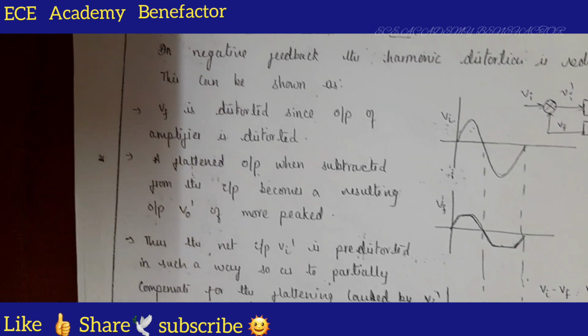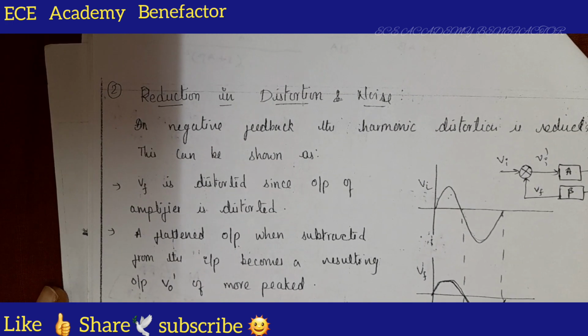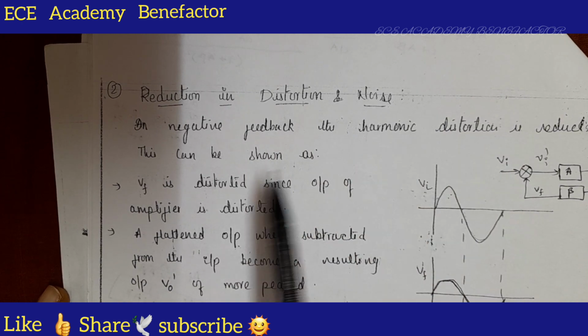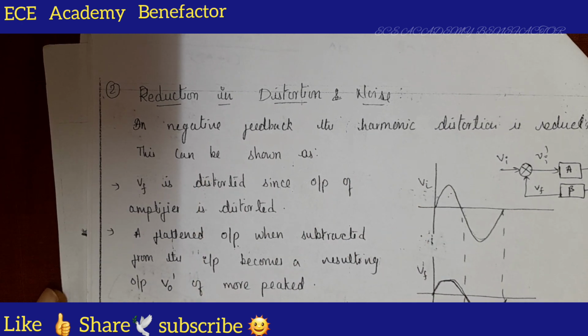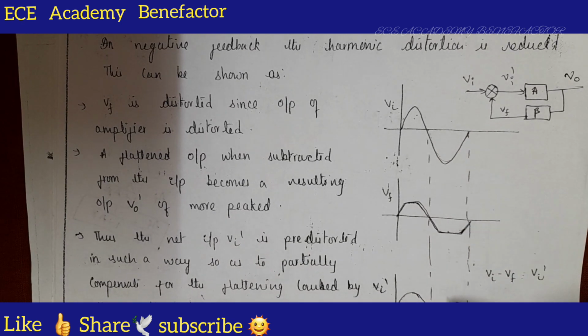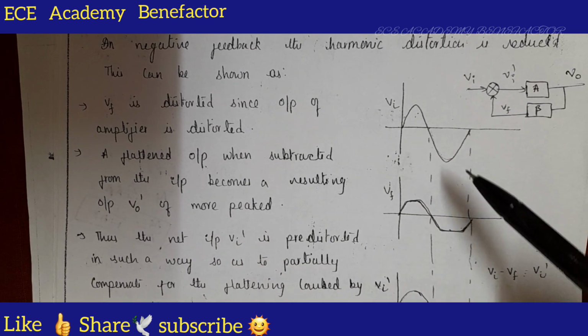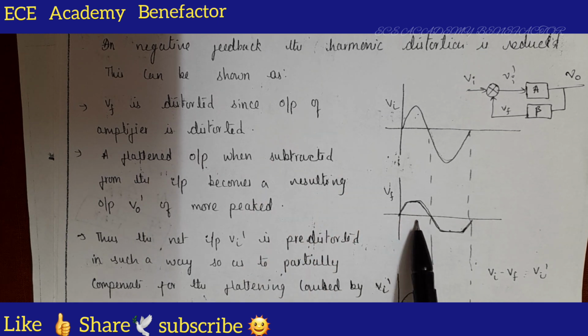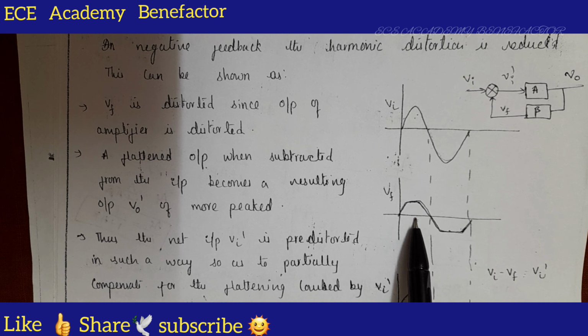So that has been written in words here. In negative feedback, the harmonic distortion is reduced. This can be shown in the graph here. This is a harmonic distortion which is exhibited here. Vf is distorted since amplifier output is distorted.